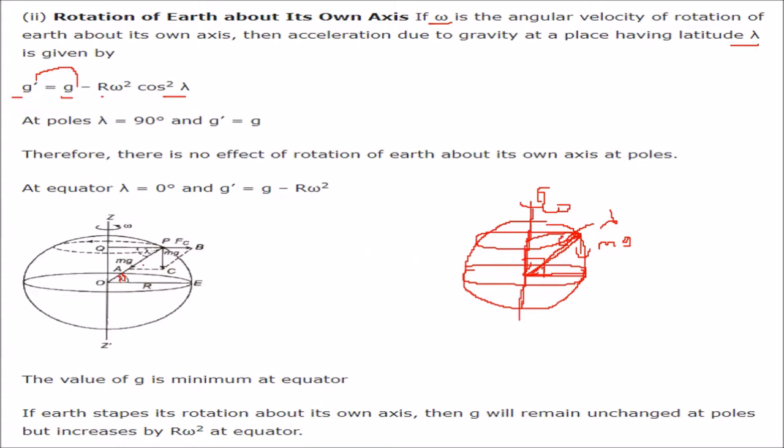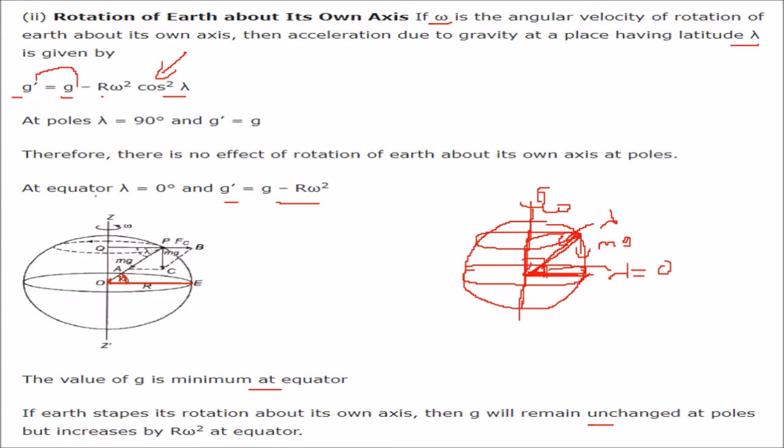But when we come to equator, lambda becomes 0 because the object is here, and the angle which it is making, lambda, becomes 0. So when we put lambda equal to 0, cos 0 is 1. So g dash will become g minus R omega squared. So g is minimum at the equator, and g will remain unchanged at poles, because at poles it is g dash equal to g.